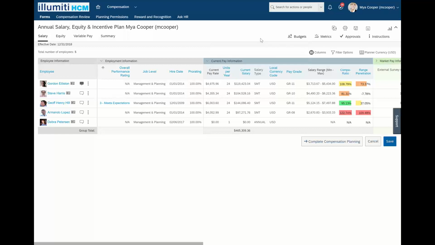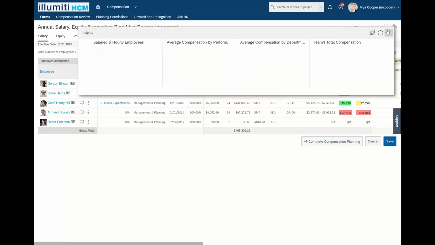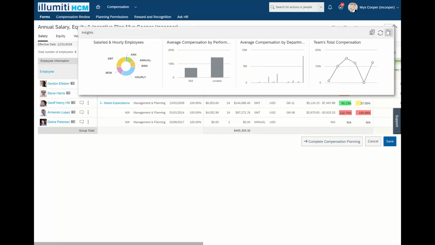Now, several areas throughout the system have what we call these insightful analytics tiles or links here. You can see it's a little icon, just a little graph in the corner. Most areas of the system have them. They're available to managers and administrators, but I like to call them on-the-spot analytics because it's just a little icon there in the corner where a manager or administrator can click to get some more information.